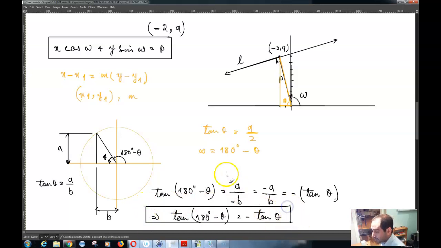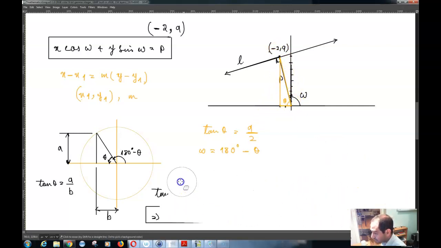So based on this, of course you can calculate the tan of this angle over here, which is ultimately the slope of this line. So how can we do that?